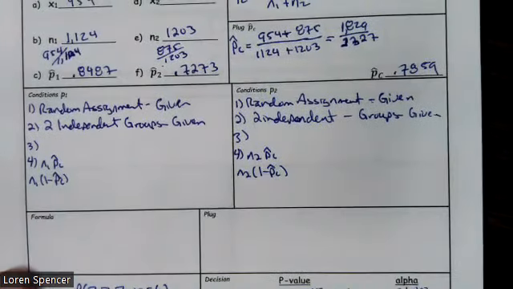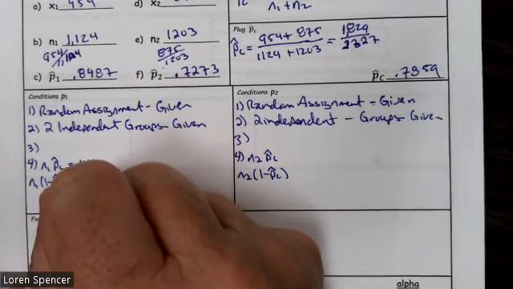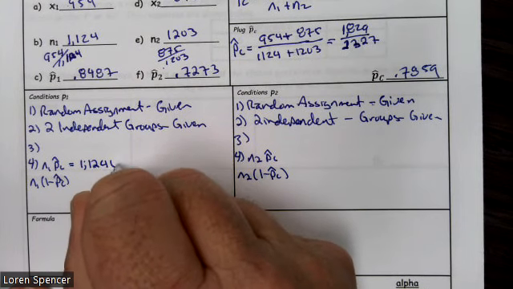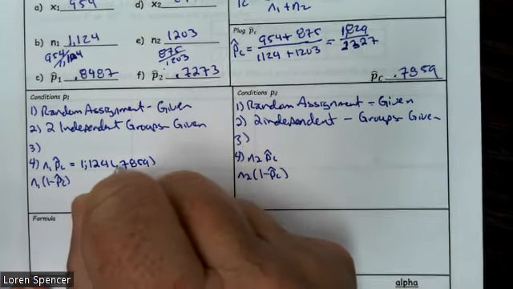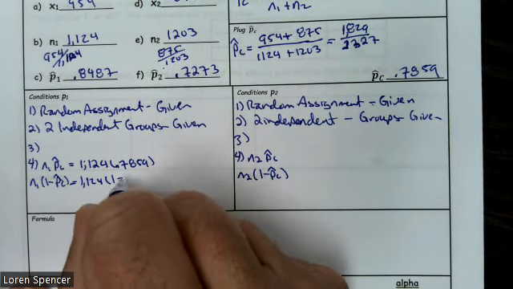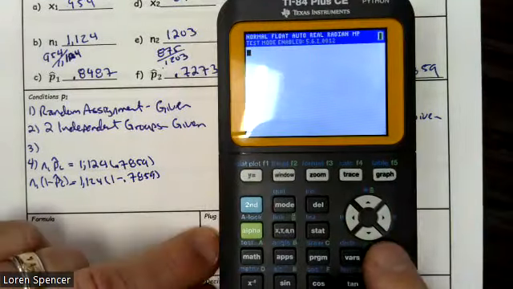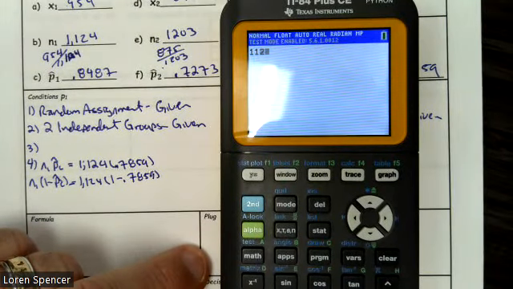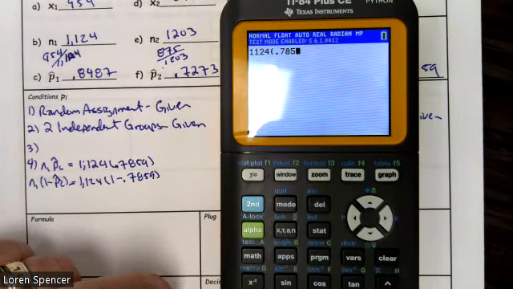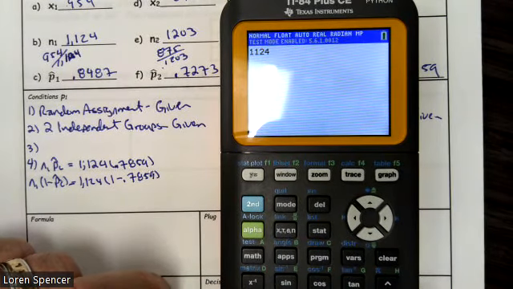Well, first off, what was N1? N1 is 1124. So 1124 times 0.7859, and this is 1,124 times 1 minus 0.7859. So 1124 parentheses 0.7859, close those parentheses.